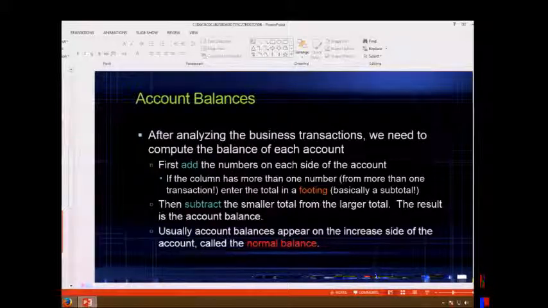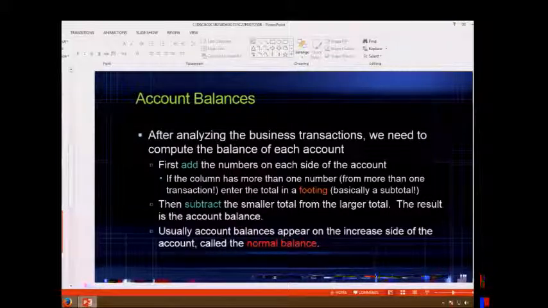Now, they throw another term at you, okay? The other term is the normal balance, okay? The normal balance is the side you would think the balance should be on, right? For the accounts we're going to use, the normal balance is always the side that increases. Okay? Example, cash.